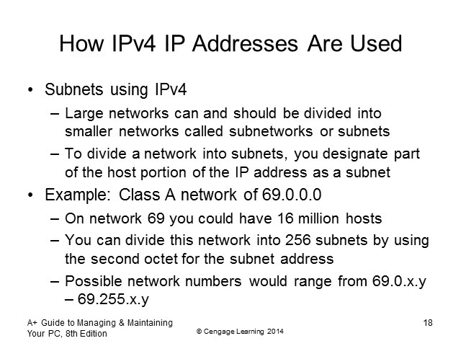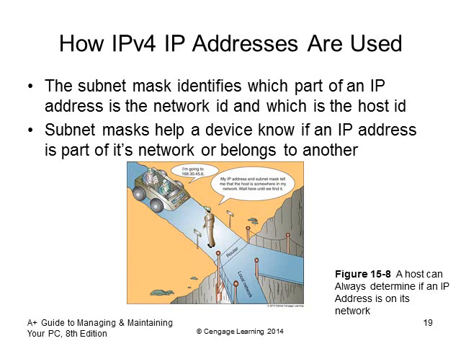You can divide this network into 256 subnets by using the second octet for the subnet address. So the possible network numbers would range from 69.0.x.y, those are just unknown numbers, to 69.255.x.y. The second number, the lowest, could be a 0. The highest could be a 255.